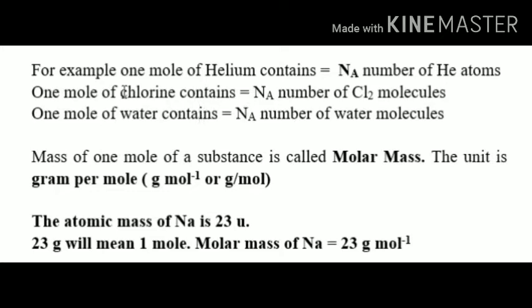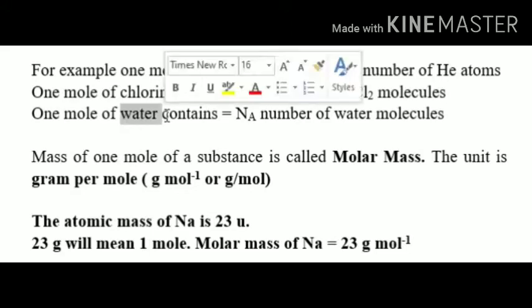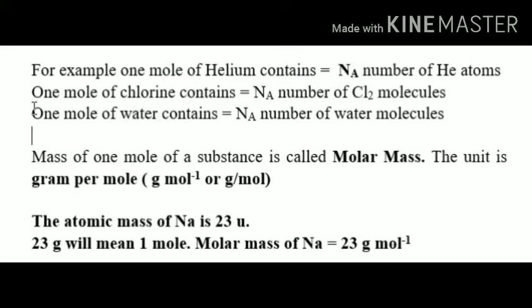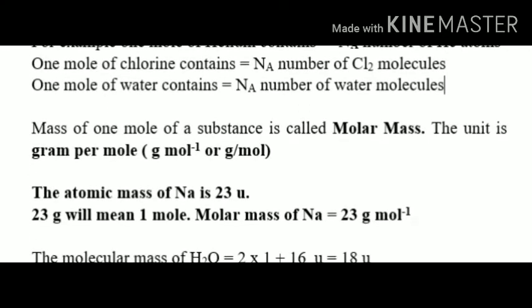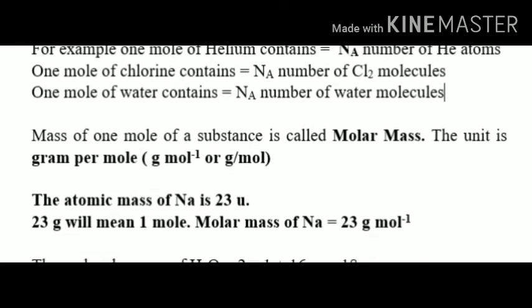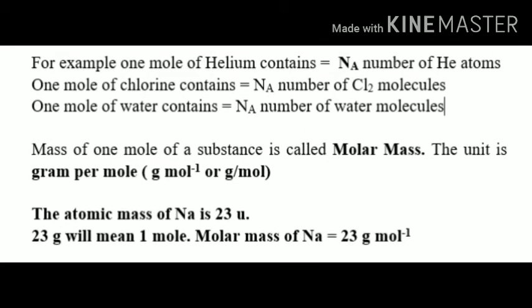That means 1 mole of chlorine will contain Avogadro's number of Cl2 molecules. Similarly, water is a compound composed of water molecules. So 1 mole of water will contain Avogadro's number of water molecules. Now, this is about mole. Similarly, 1 mole of bromine, Br2, will contain Avogadro's number of Br2 molecules.